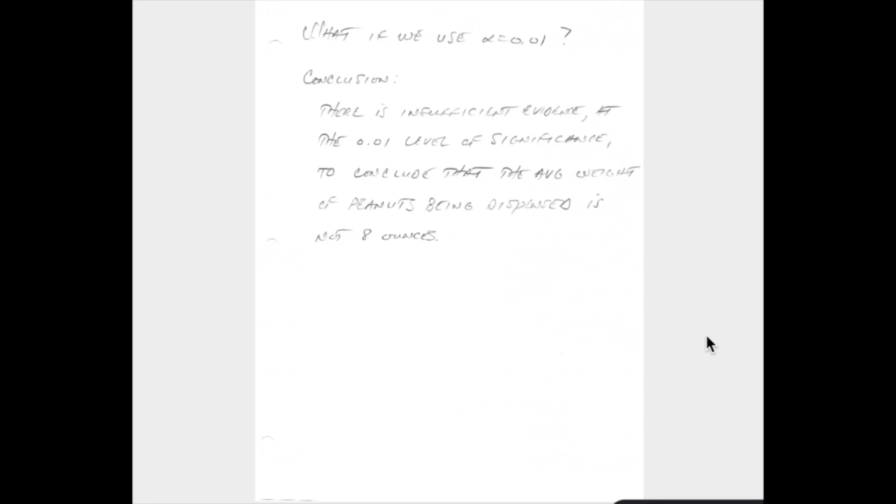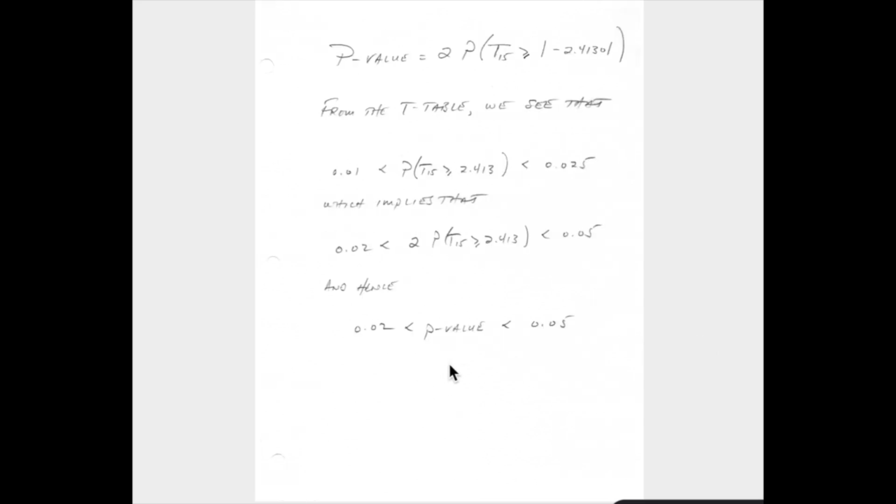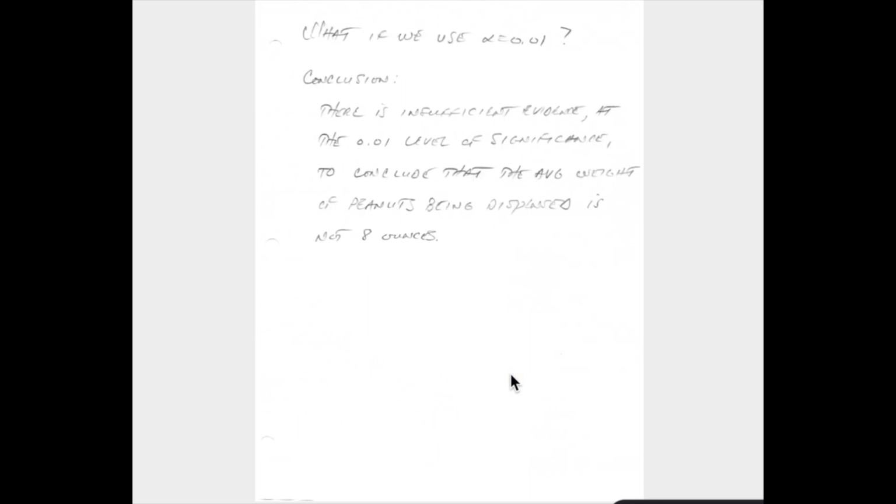Now remember that on this previous page we concluded that the p-value is strictly greater than 0.02. If the p-value is greater than 0.02, it cannot be less than or equal to 0.01. So if we were to use a 0.01 level of significance instead of 0.05, then our conclusion would be different.